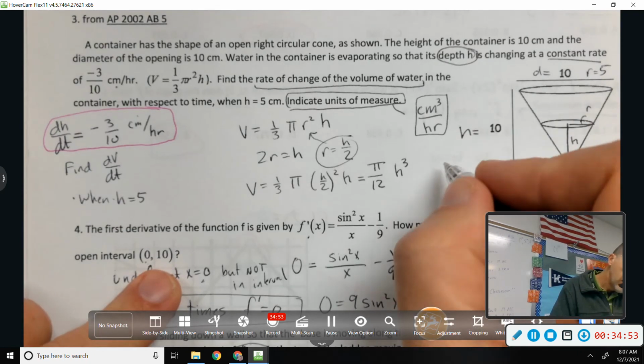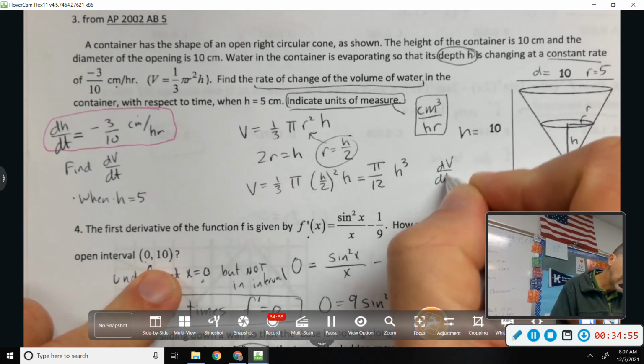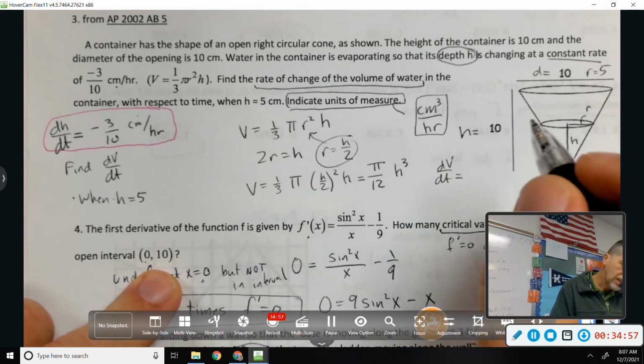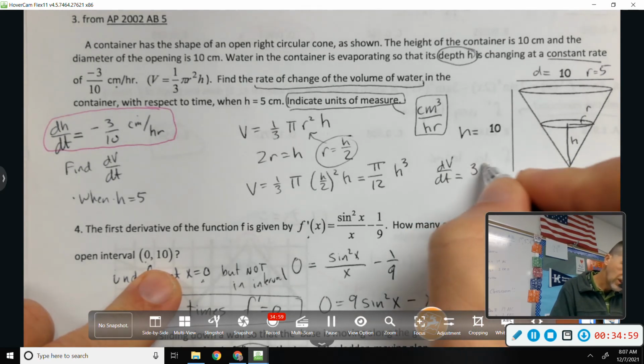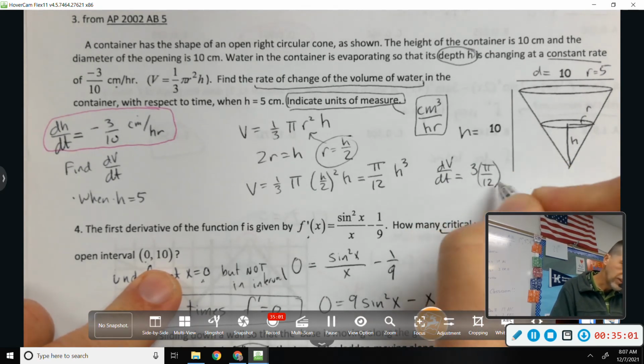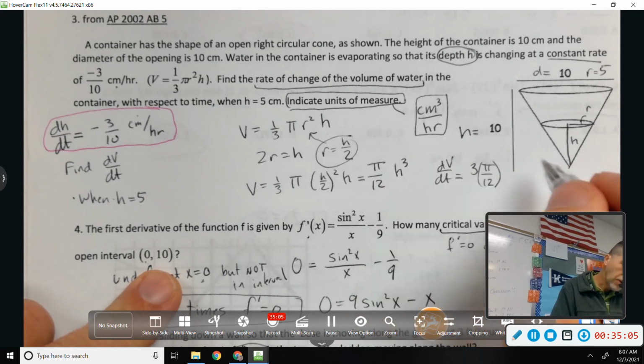So dV dt is 3 times pi over 12. Whoops, that would reduce, but we'll get that later. 3 times pi over 12 times h squared.